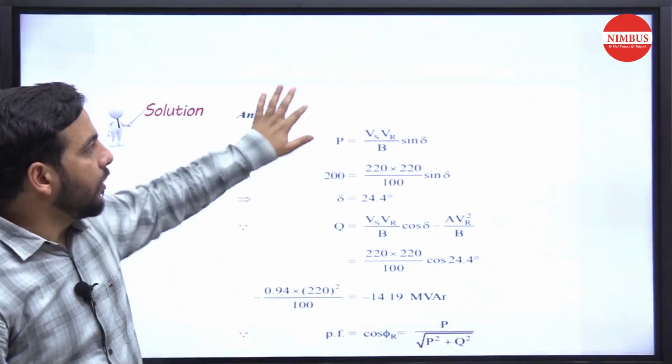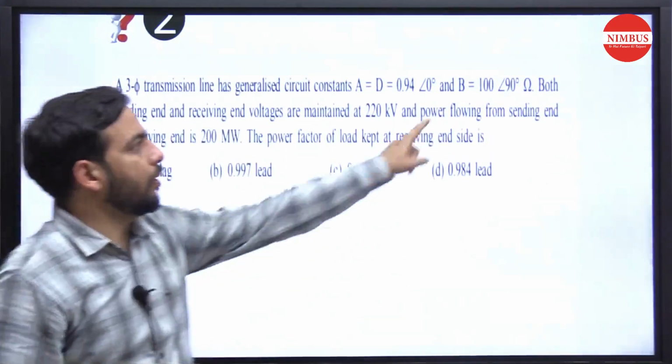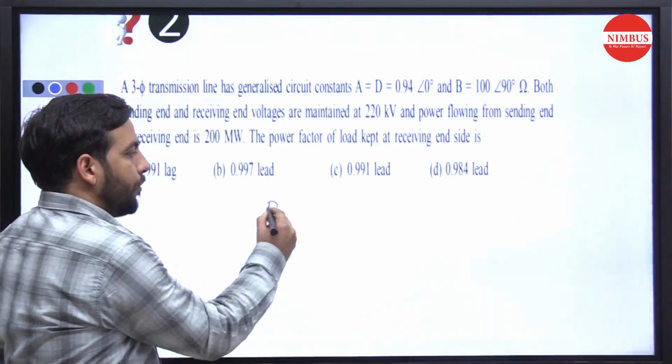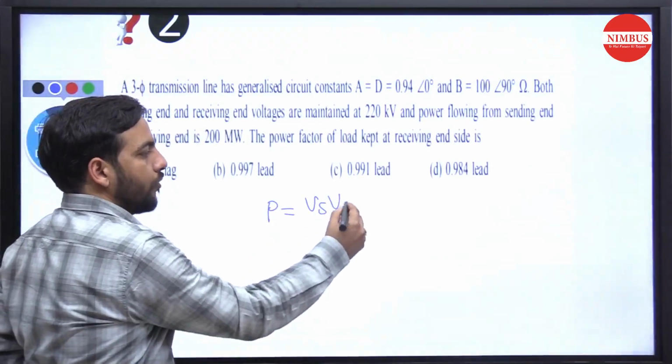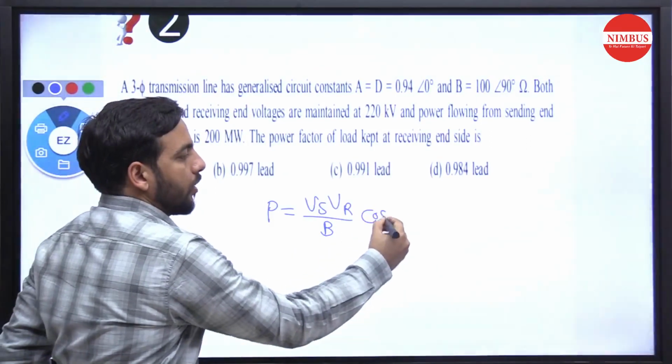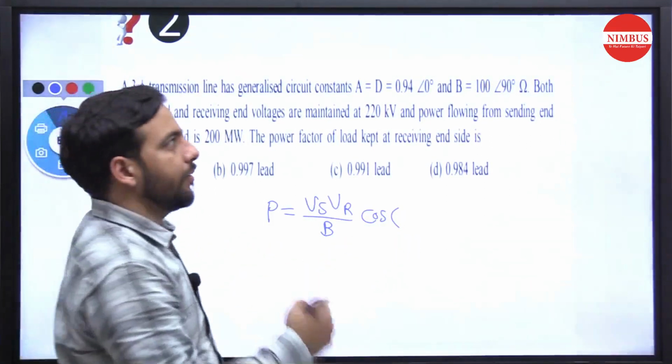You can also see here, because it is 90 degrees, the formula of P is equal to Vs Vr upon B cos beta minus delta.